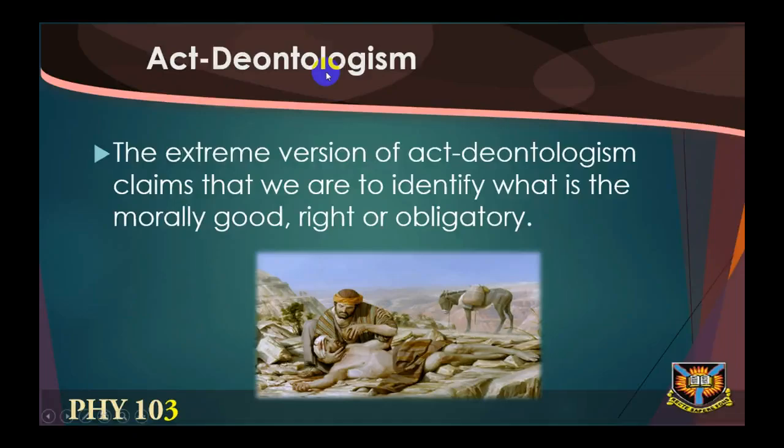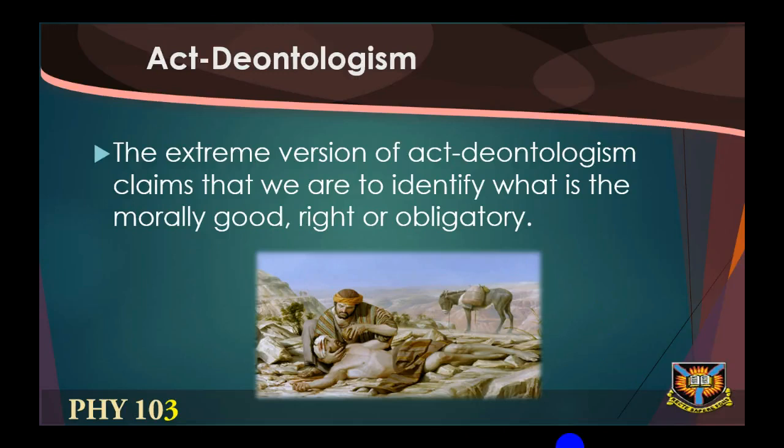Act-Deontologism. The extreme version of Act-Deontologism claims that we are to identify what is the morally good, right, or obligatory thing to do in each given situation, without appealing to any rule, or what will bring about a greater balance of good over evil for oneself or society as a whole.